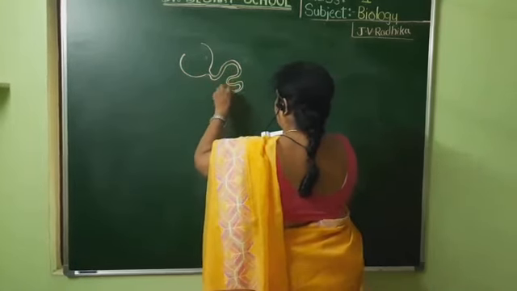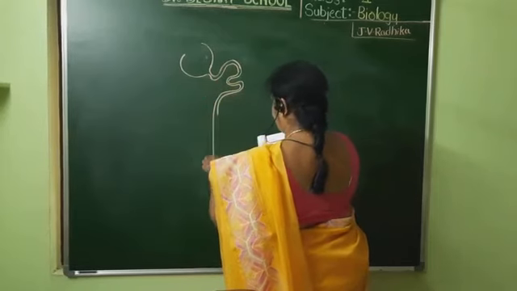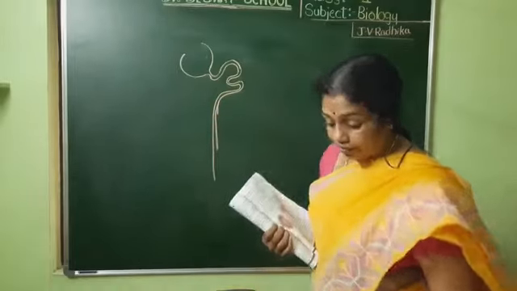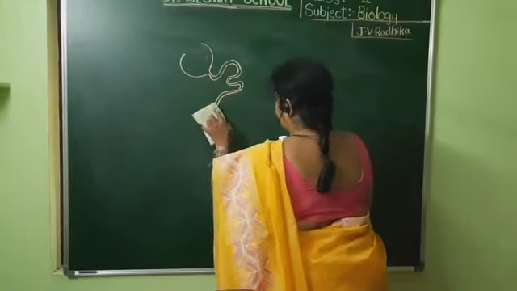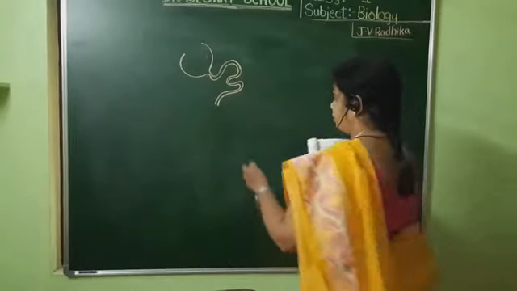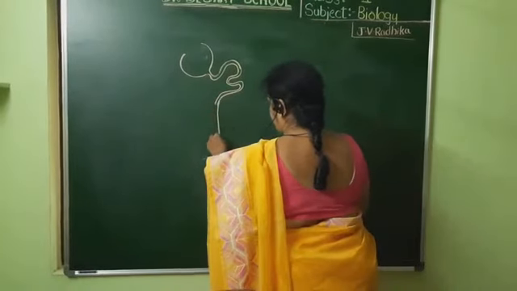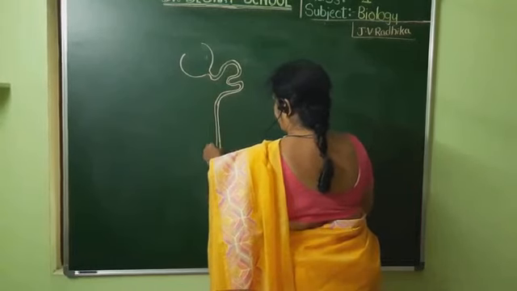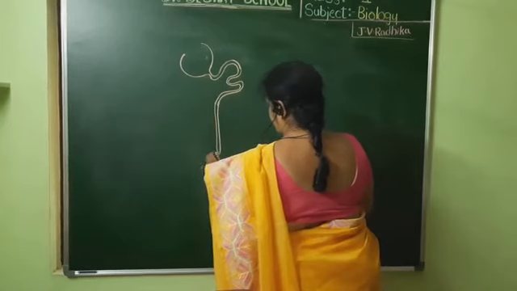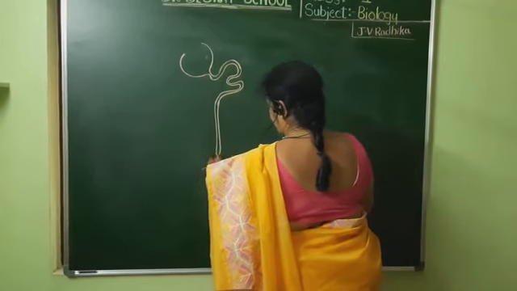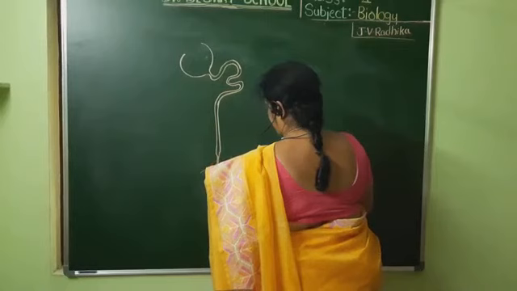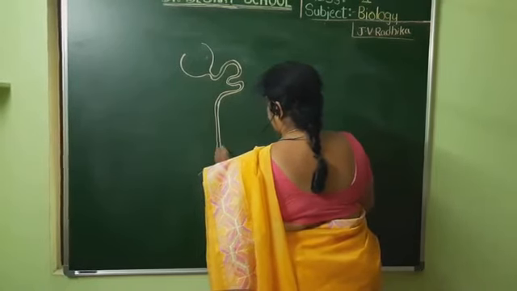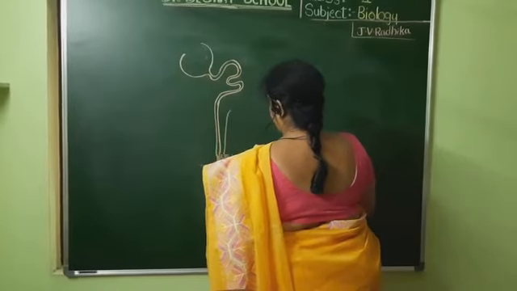See, this is the Bowman's capsule. From there I have drawn the proximal convoluted tubule. That in turn further I am drawing the loop of Henle. This is the loop of Henle. In higher classes you shall be studying better.